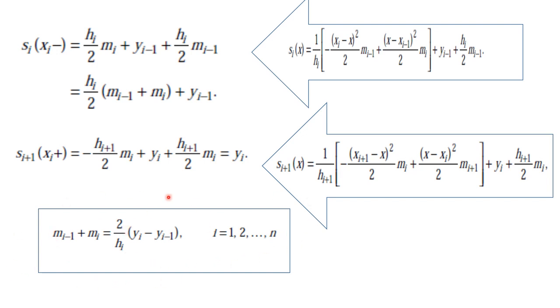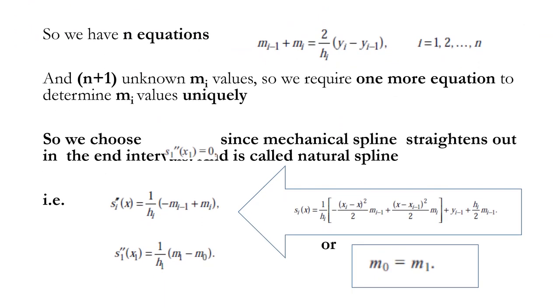It's a continuing relation. We can obtain different equations by substituting different values for i, where i may be 1 to n. So we get n equations, mi minus 1 plus mi equal to 2 by hi into yi minus yi minus 1, where i equals 1, 2, up to n.